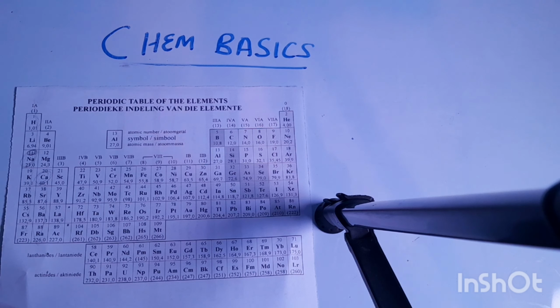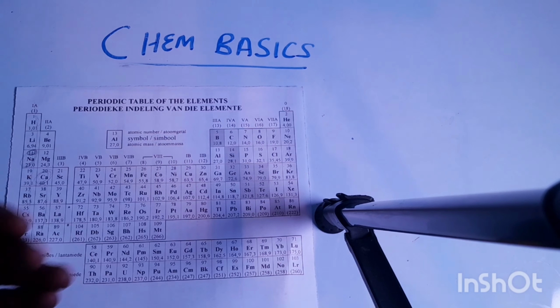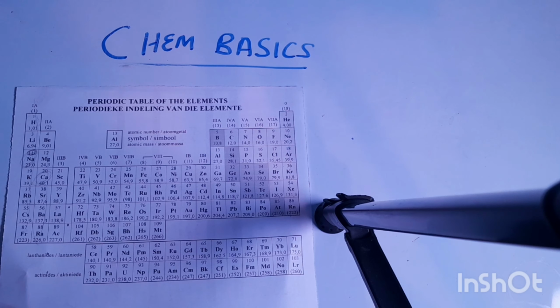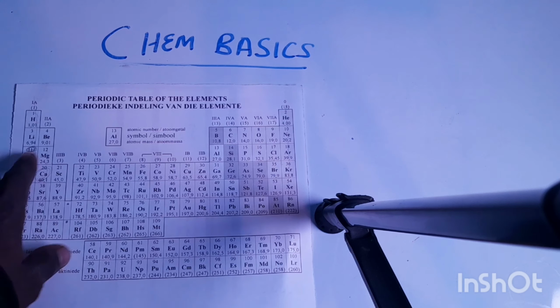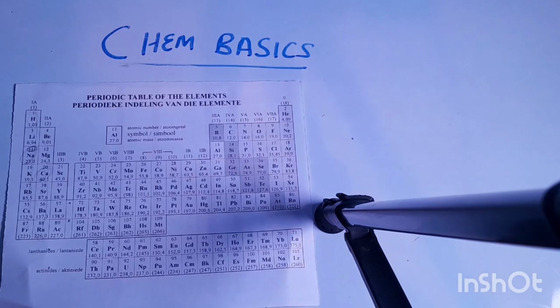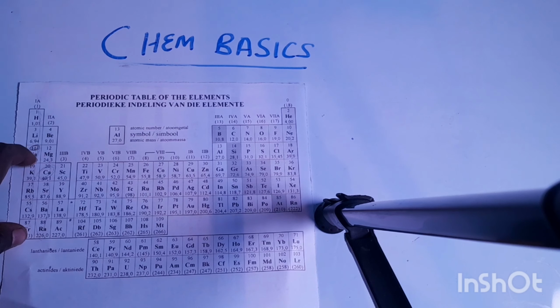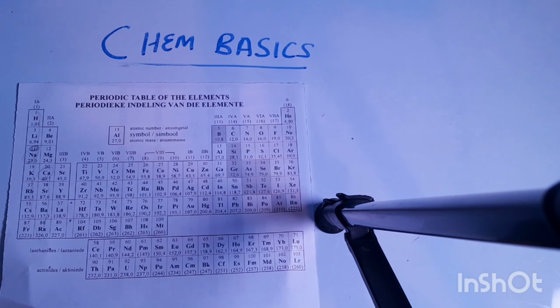So if that's the case, that's why we sometimes see metals lose electrons so that they become stable. If this one loses this 1 electron, it becomes stable again, like neon, right? And lithium again, if it loses 1 electron, it can become stable.